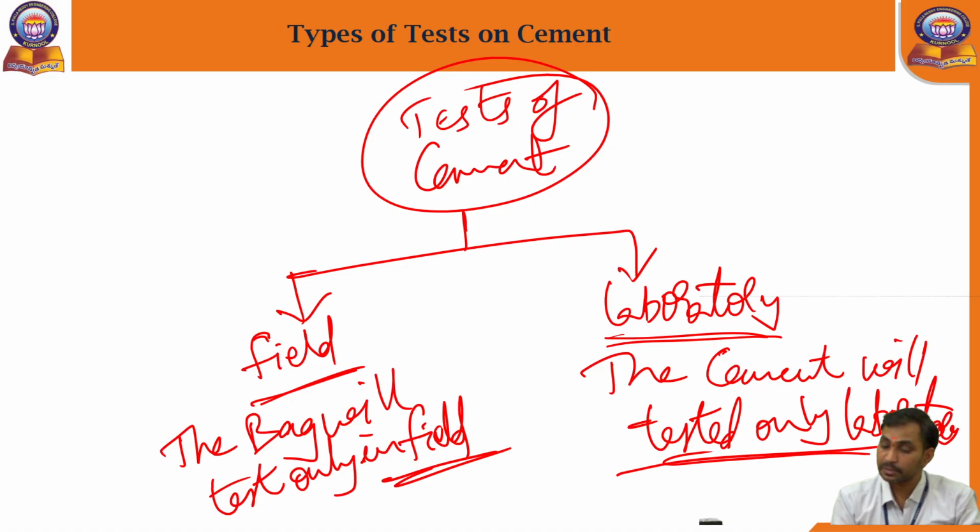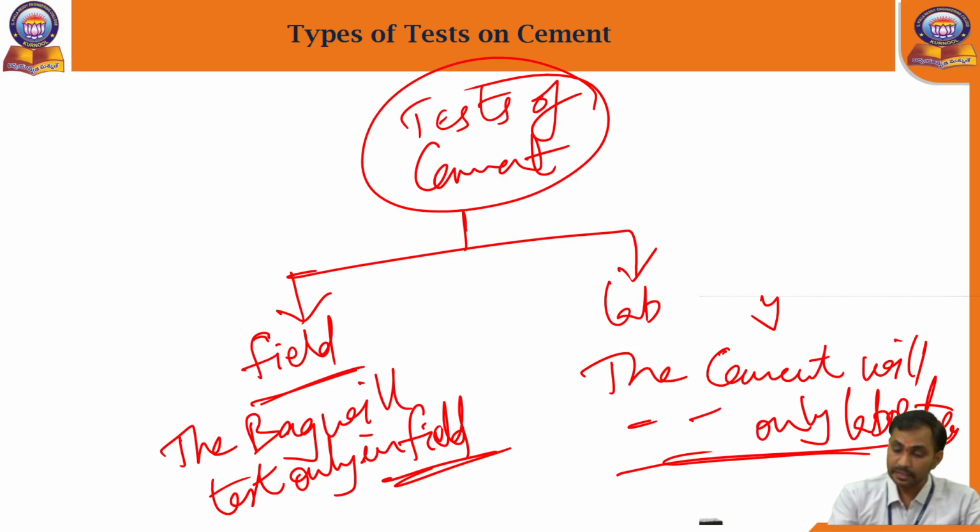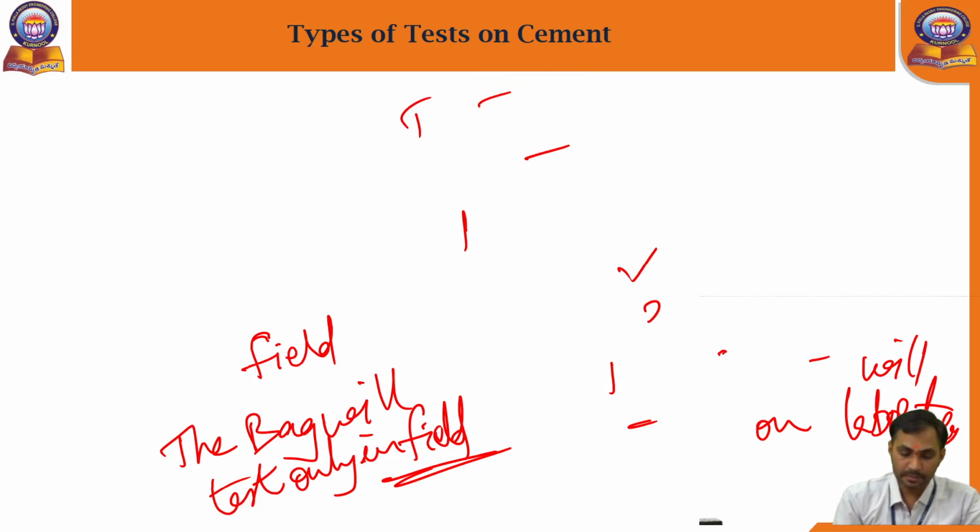There are some types of testing. What are the types of test? Size of a test, next setting time, what is the standard consistency, what is the water percentage, and next what is the strength of a cement. These are the types of testing available for cement material.